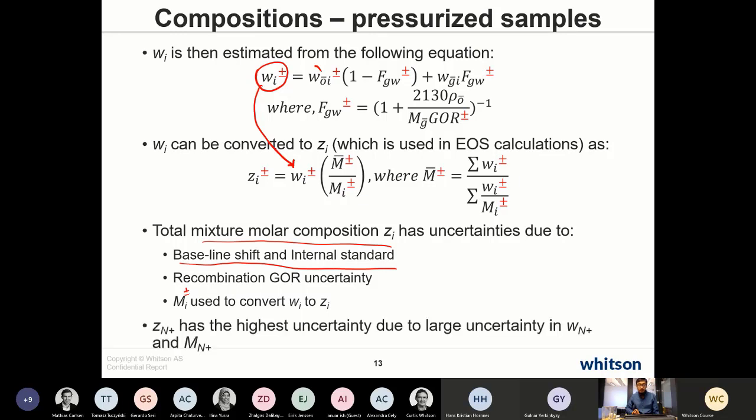And again, the amount of the heaviest fraction should always be considered the most uncertain, because of the high uncertainty in the mass fraction back calculated from all other areas, and the component molecular weight, which again has the highest uncertainty.